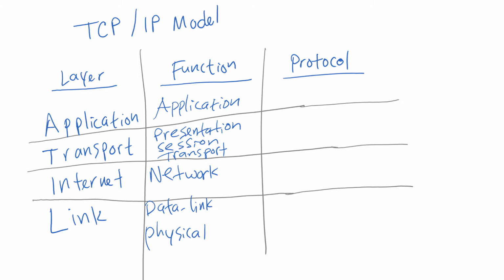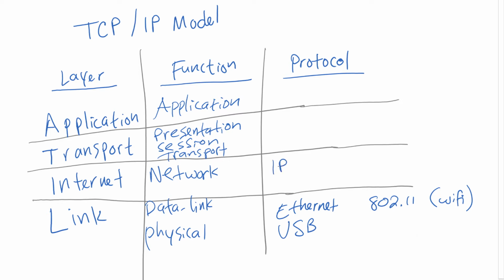The protocols at layer 1 are things like Ethernet, USB, 802.11, which is Wi-Fi. The protocols at the network layer include IP, Internet Protocol, ARP, Address Resolution Protocol, and others.